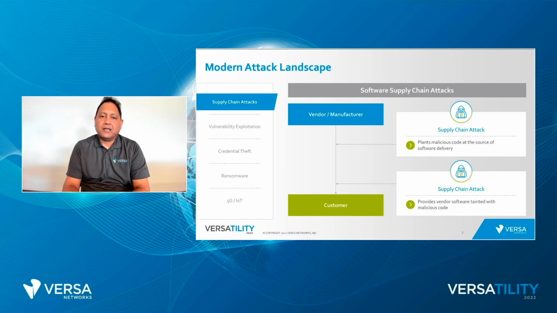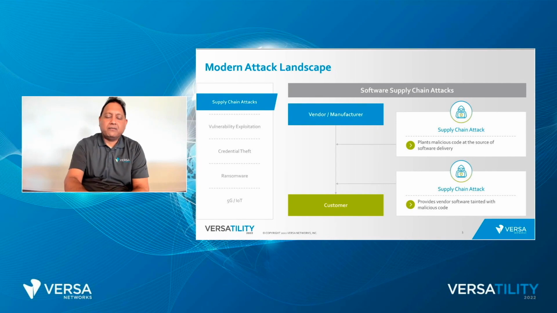The other type of attack is that the attacker can attack the vendor itself, right? So the vendor has a build process. If they have compromised the vendor's network, they can inject their software into the software directly, or if they've compromised the build infrastructure, they can leverage the vendor's build infrastructure to build their own malicious code and deliver the software via the vendor's regular software delivery process.